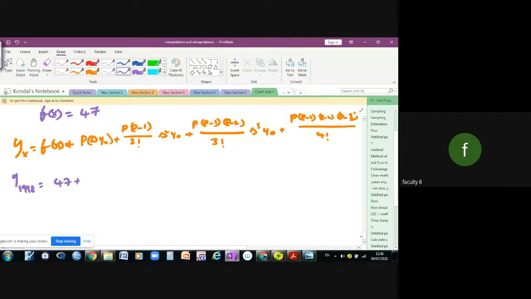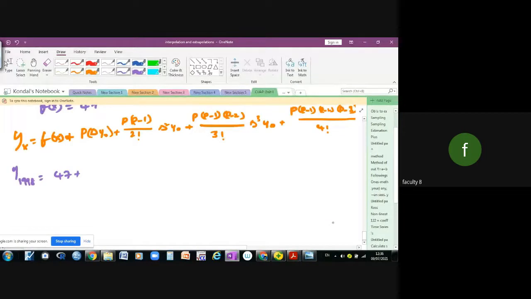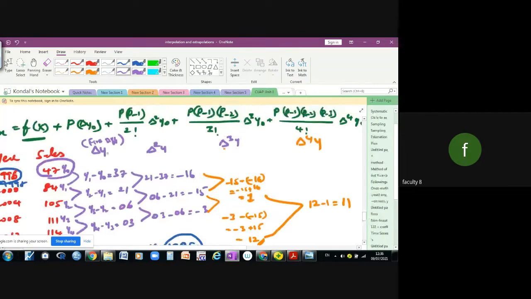What is the P value? We got it, P value 0.5 here. So 0.5 into delta y0. What is the delta y0? Delta y0 here, this is called 37. We should take 37.